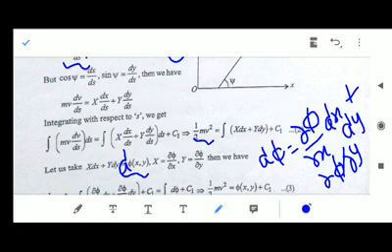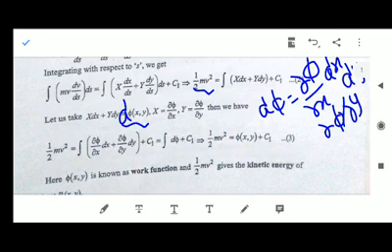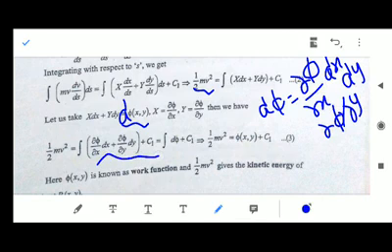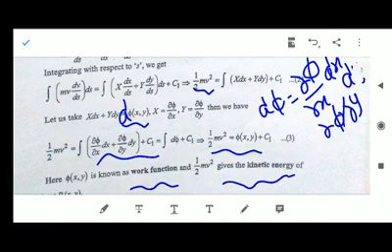So on equating, we get X equal to del phi by del x and Y equal to del phi by del y. On putting this, we get d phi, and on integration we get 1 by 2 m v square equal to phi x y plus c1. Here phi x y is known as the work function, and 1 by 2 m v square gives the kinetic energy of the particle at the point P.